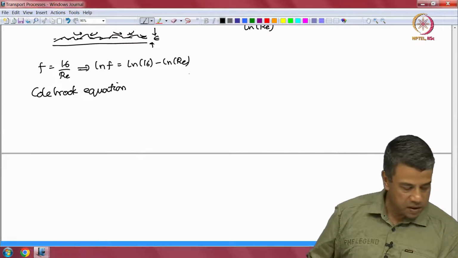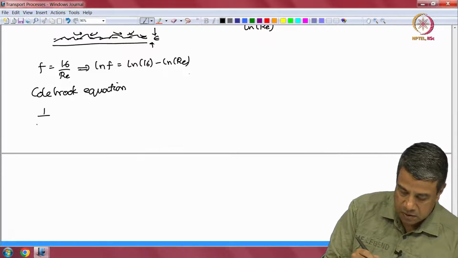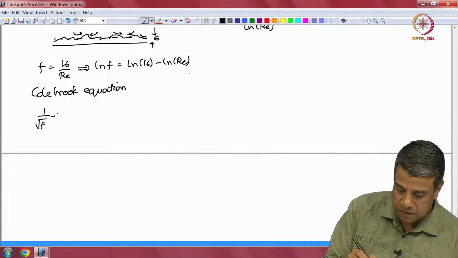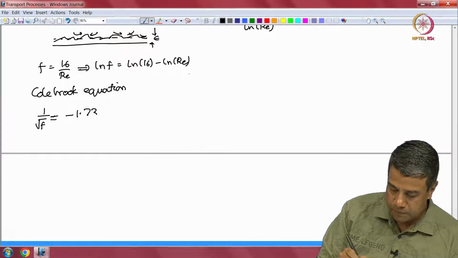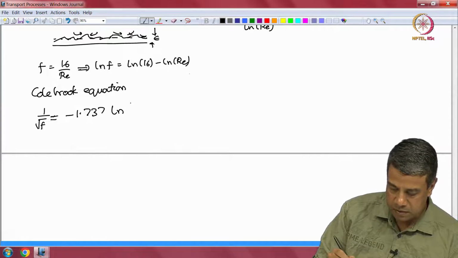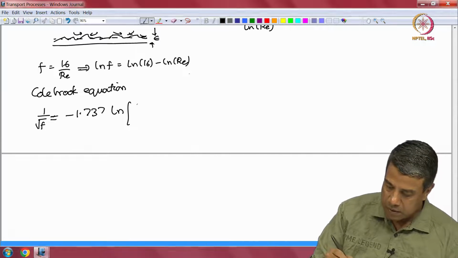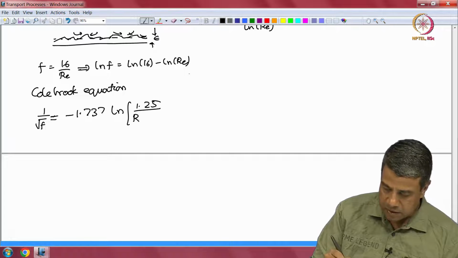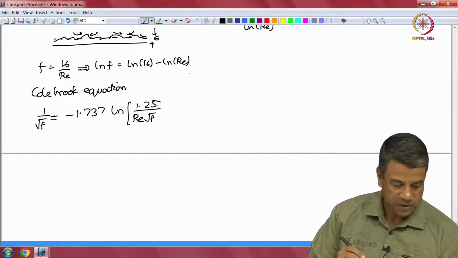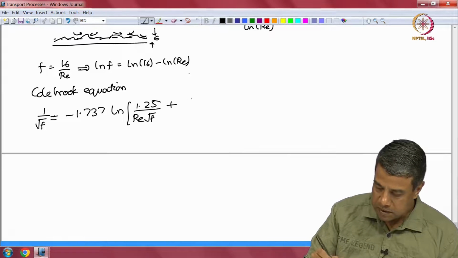The Colebrook correlation is written as 1 over square root of the friction factor is equal to minus 1.737 times the natural logarithm of 1.25 by Reynolds number times square root of f, plus epsilon by 3.7 d.